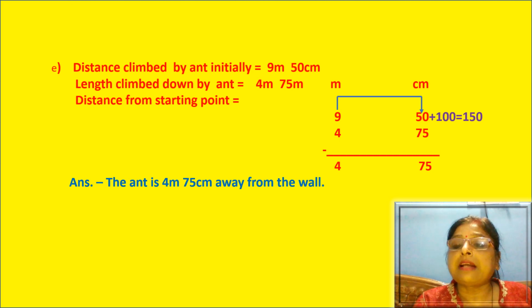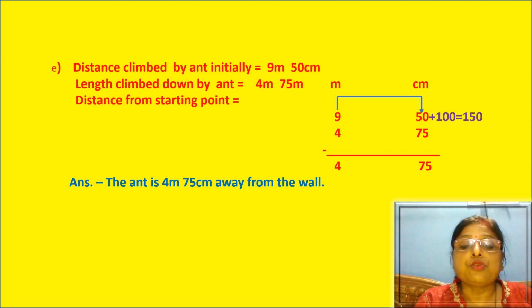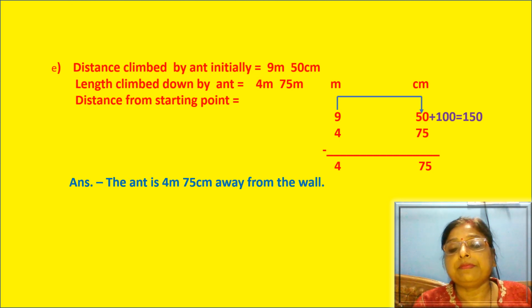Now you subtract 75 centimeter, which gives 75 centimeter, and 4 meter will be subtracted from 8 meter and you get 4 meter. So in the answers column you have to write the ant is 4 meter 75 centimeter away from the initial point.